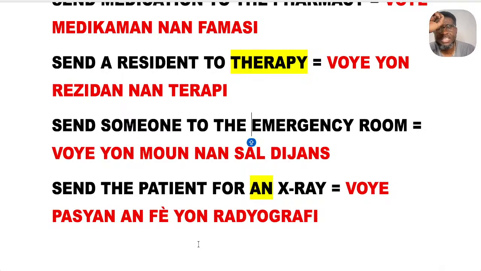Send the patient for an X-ray, send the patient for a mammogram, send the patient for a blood test. Ok? Send the patient for ultrasound, etc. Ok, so w ap wè yo utilize preposition for, et puis dépendamment de son et non qui vient après, s'il gen yon son voyèl, y ap di an, s'il gen yon son konsòn, y ap utilize a.